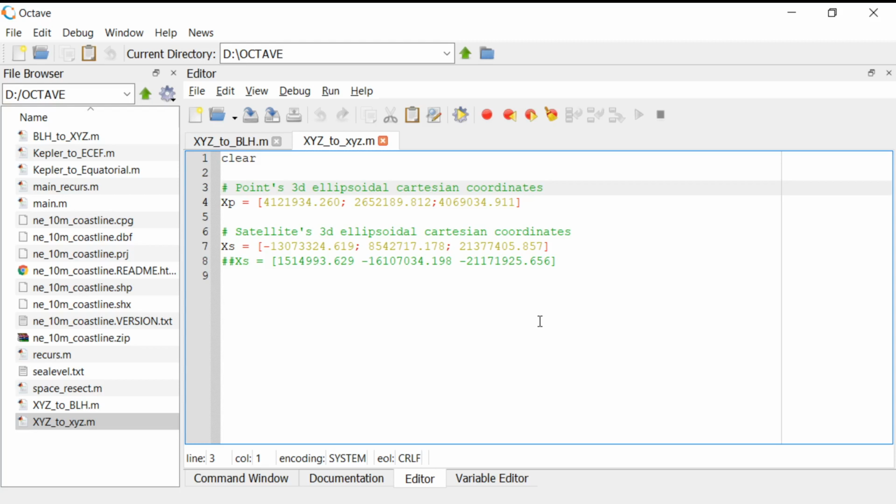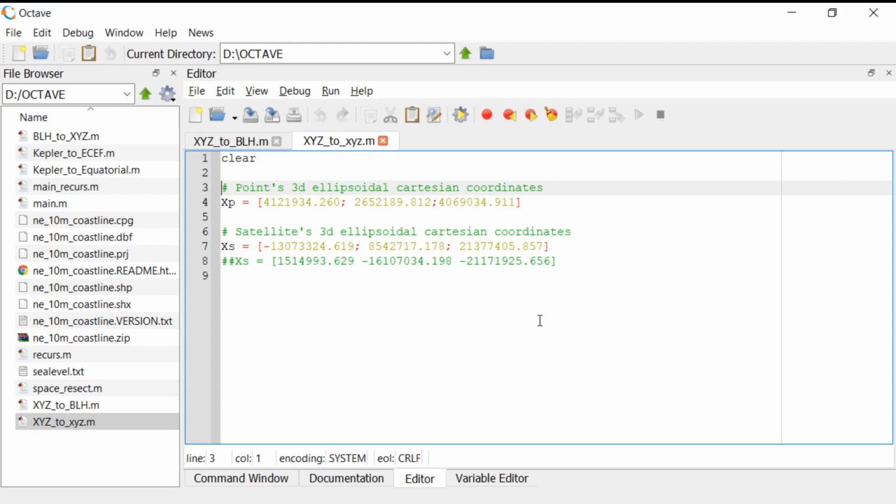That's why their coordinates will be given in an Earth-centered, Earth-fixed system. But we as surveyors carry out our observations on the Earth's surface. That's why we need local coordinates. The transformation is thus a necessity.